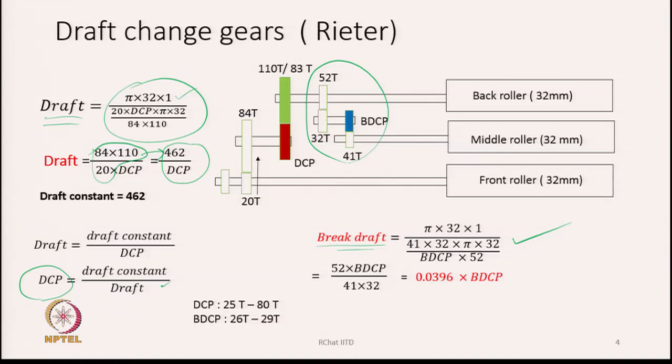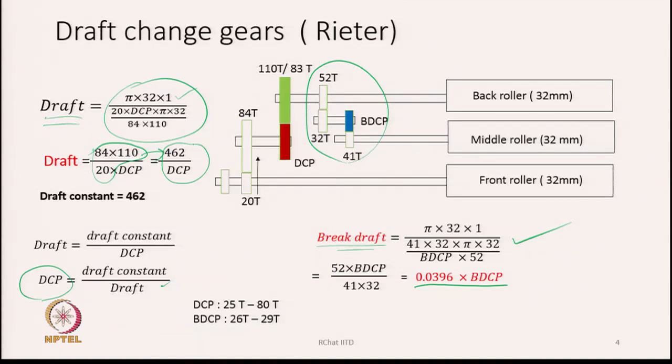If we simplify this, it will give you a figure 0.0396 into BDCP. That means, brake draft is equal to a constant 0.0396, which we can write as 0.04 also, into the number of teeth in the brake draft change pinion, which is shown here by the blue colored gear.